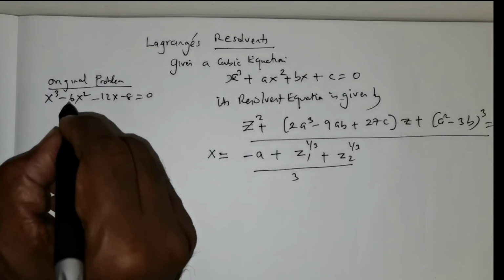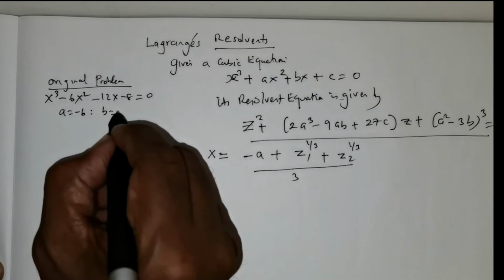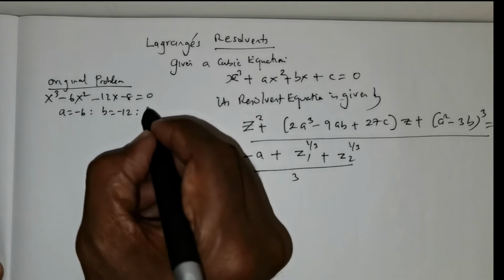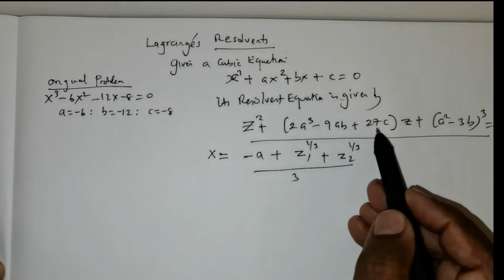So clearly from here we got a equal to negative 6, b equal to negative 12, and c equal to negative 8. So I'm going to be substituting the values here.